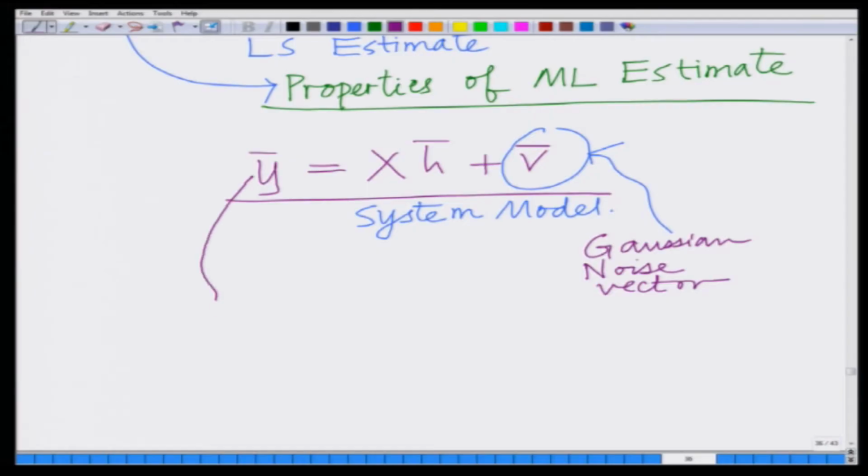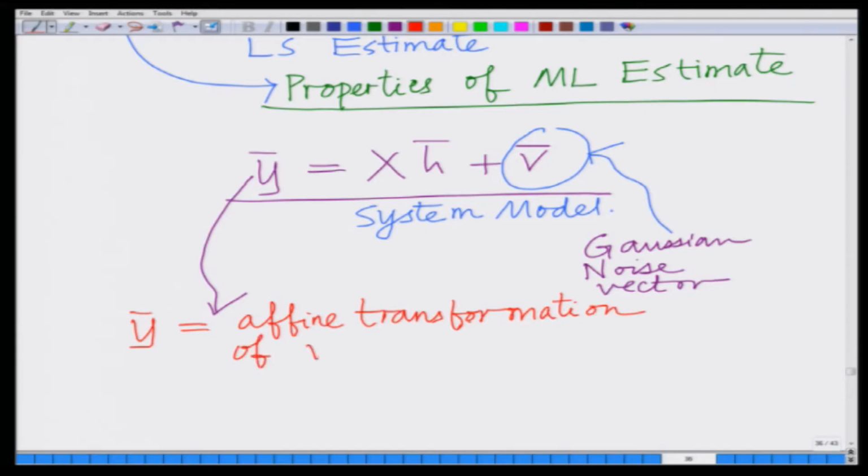So, y bar is an affine transformation of v bar, which basically implies a linear transformation of v bar plus a constant shift.